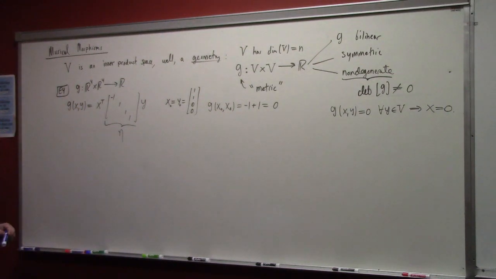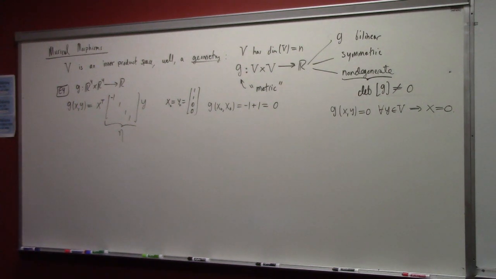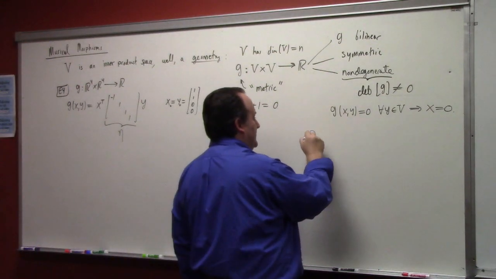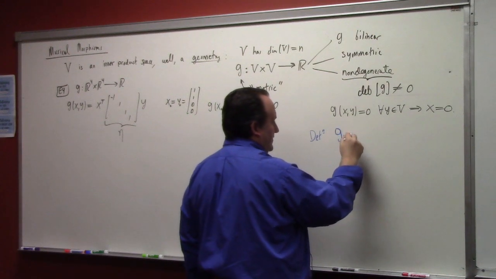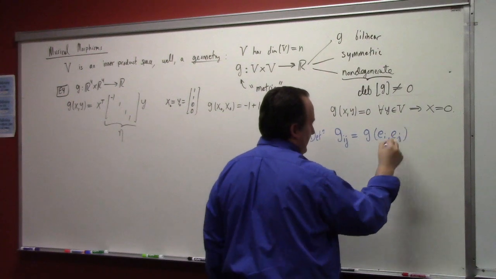So, my larger point to you is this. If we're in a geometry, which is a vector space paired with a metric, we can use the metric to, and so I should make a definition here. Definition: g lower ij equals g of e_i, e_j, right?